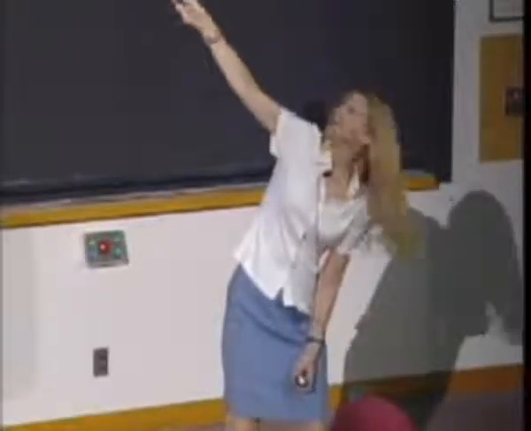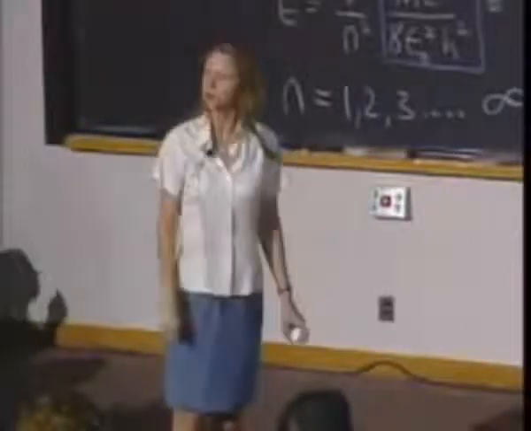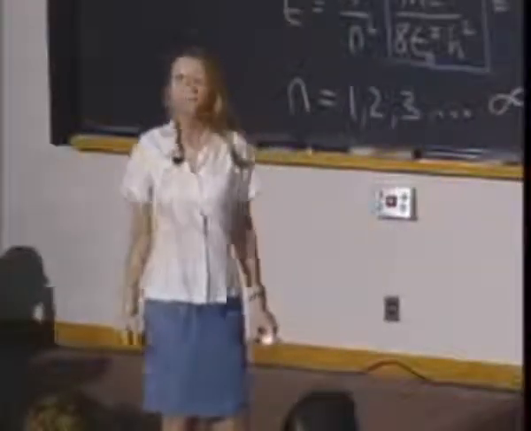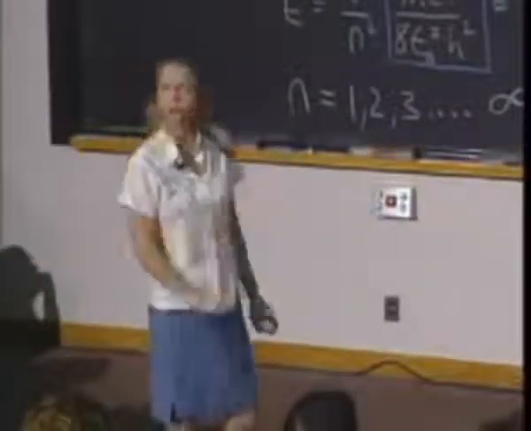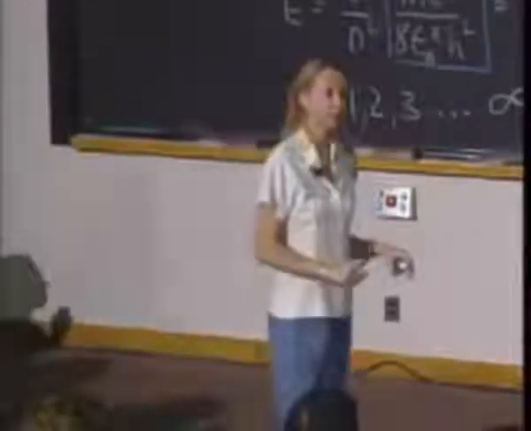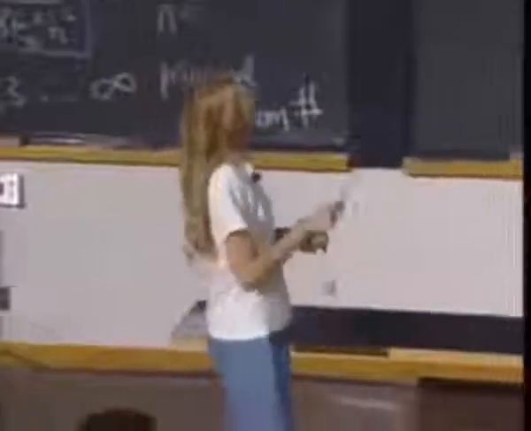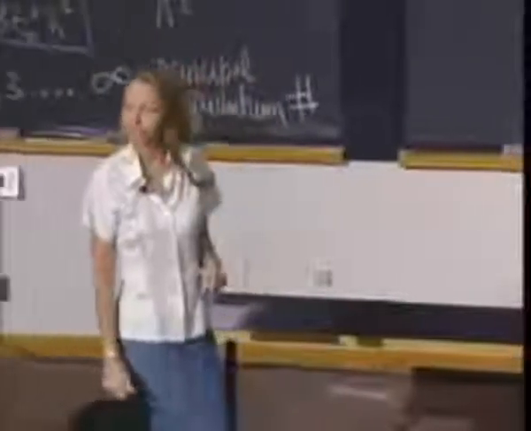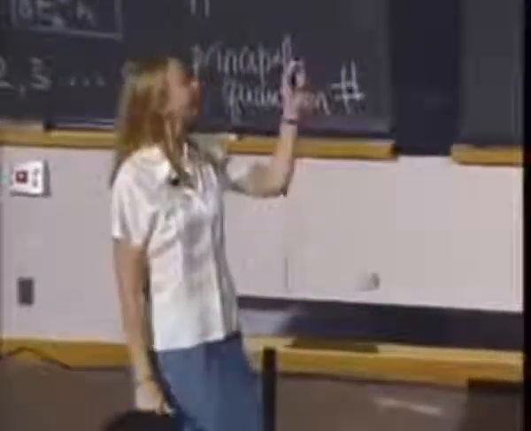That's when the electron is no longer bound to the nucleus. This solution to the Schrodinger equation for the hydrogen atom works. It predicts the energy levels, the allowed energy levels for any one electron atom. What do I mean by one electron atom?